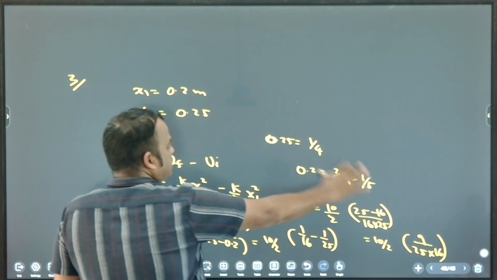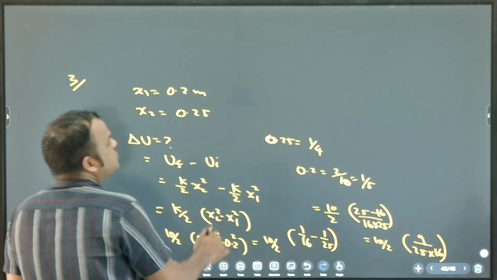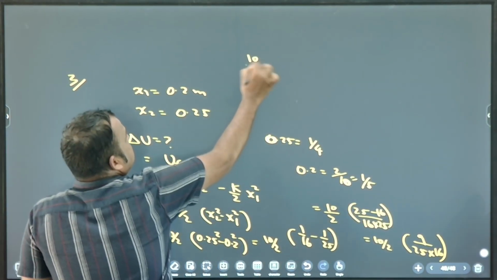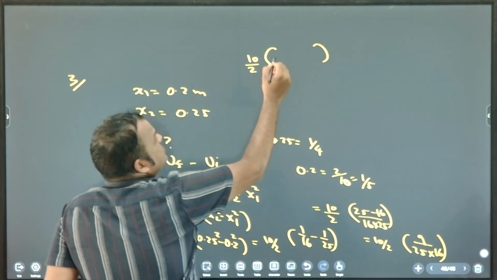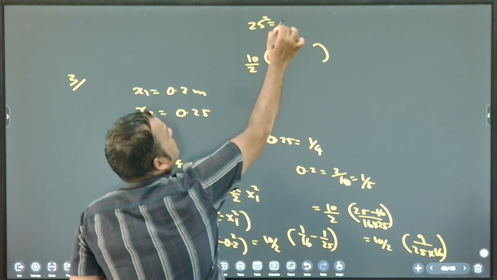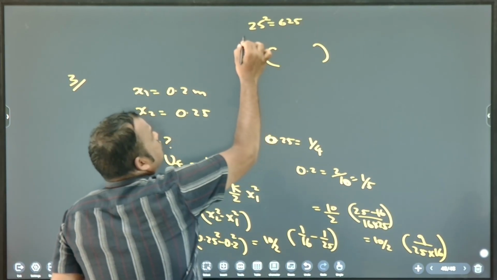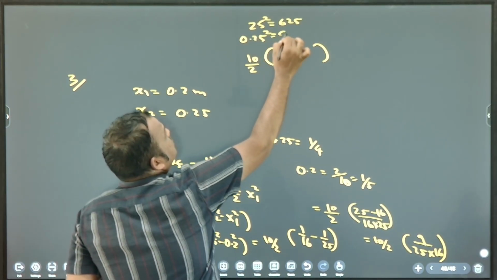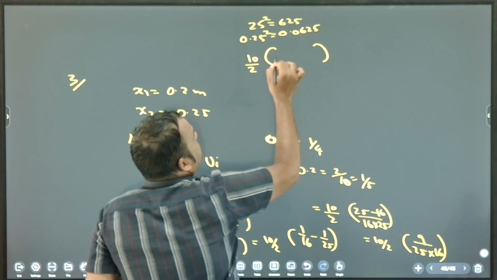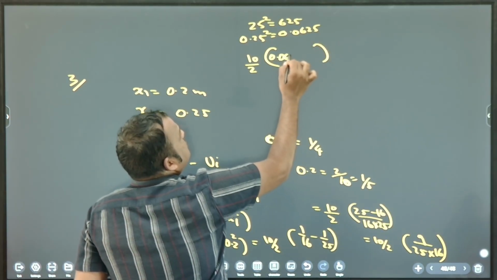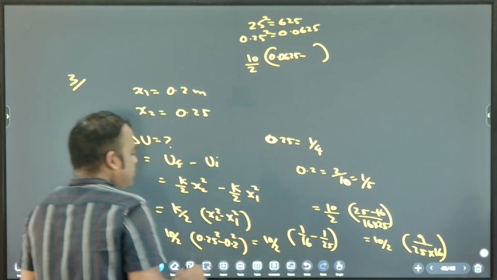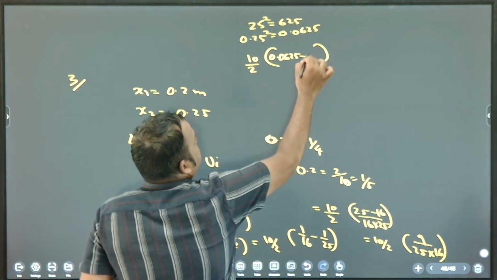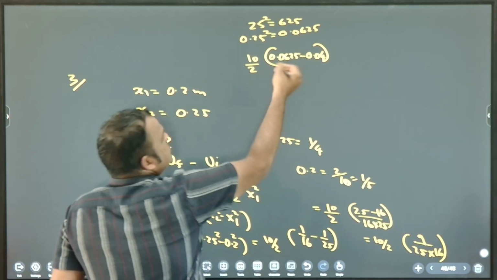I think this is more calculation, you can solve it like this also. This is 10 by 2. 0.25 square is 0.0625, right? 0.0625 minus 0.2 square, which is 0.04. Okay, this is better.